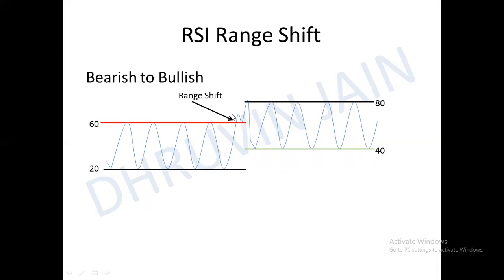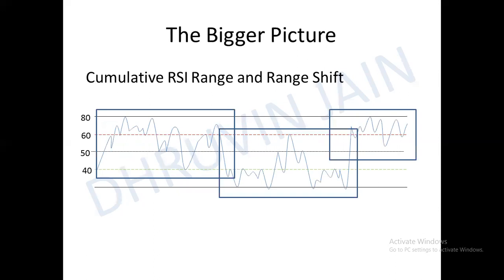Initially the RSI was in the 60-20 region, and when 60 breaks, RSI shifts to the 80-40 region, where 40 starts acting as a great support. Okay, let me show you a cumulative example of RSI range and range shifts.